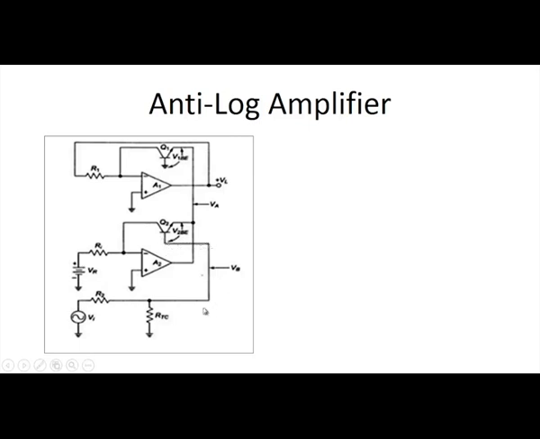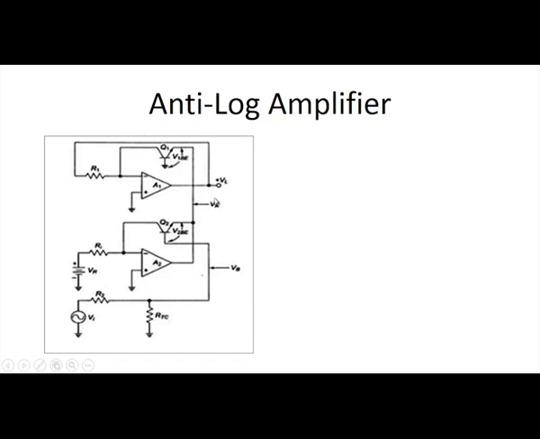Instead, it is given the input signal Vi through two potential dividers, R2 and RTC, where RTC is a thermistor. The reference voltage is given through an input resistance R1 to the inverting terminal of A2. The positive terminals are grounded here. The output is taken at the input of A1.